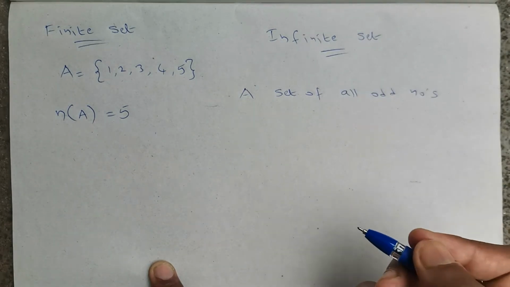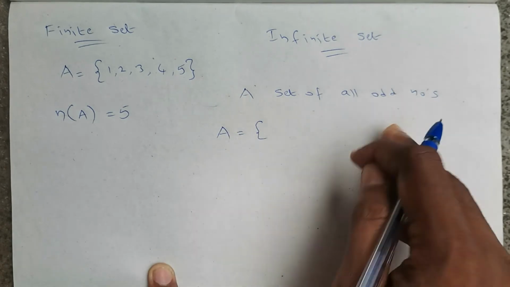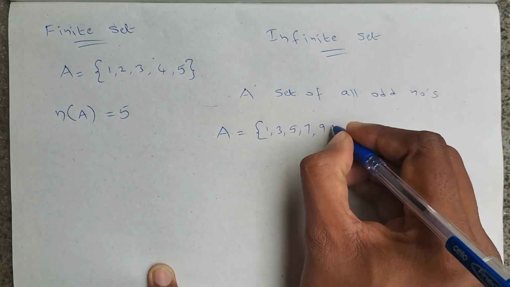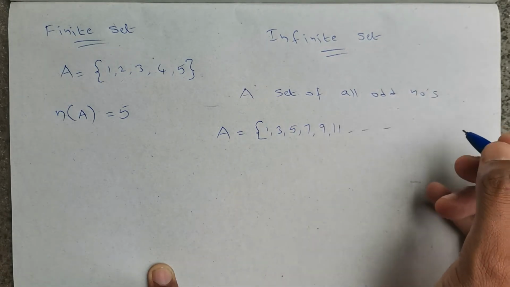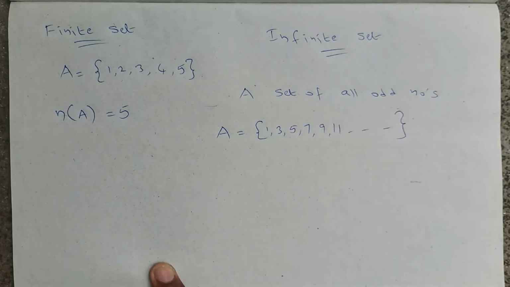How will we represent this set? Some set A is equal to {1, 3, 5, 7, 9, 11, and so on}, because infinite odd numbers are there. So a set with uncountable or infinite number of elements is called an infinite set.